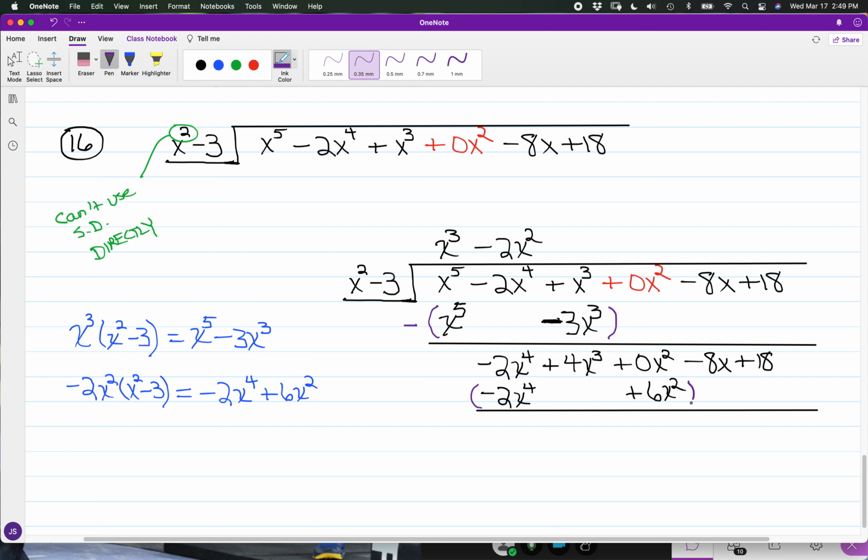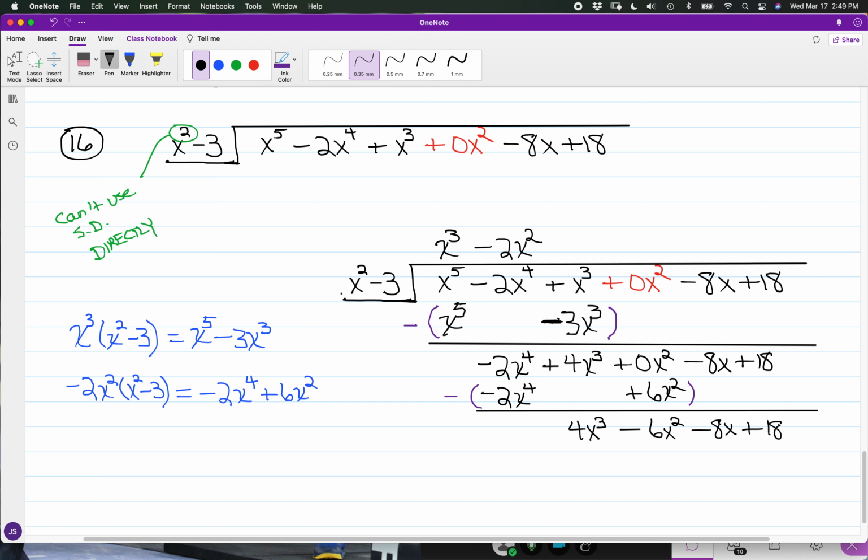If I subtract, we have negative 2x to the 4th, which becomes plus 2x to the 4th, and I can bring down the 4x cubed. We get 0x squared minus 6x squared, so a negative 6x squared, and we have minus 8x plus 18.